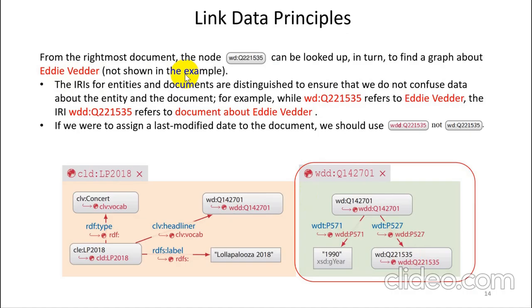This is not shown in the example, but the IRIs for the entities and documents are distinguished to ensure that we do not confuse data about the entity and the document. For example, WD:Q221535 refers to the entity, Eddie Vedder, and the IRI WDD here refers to the document about Eddie Vedder.